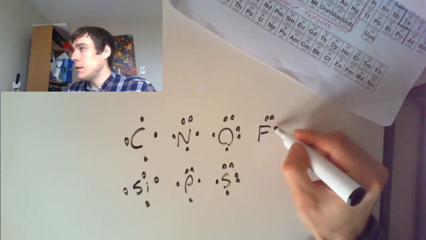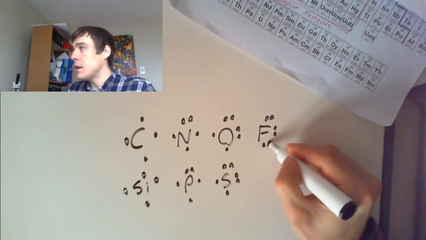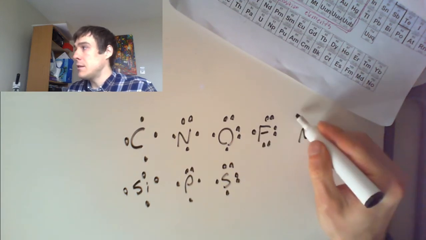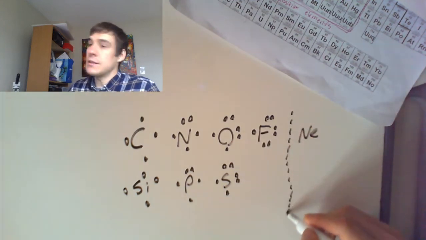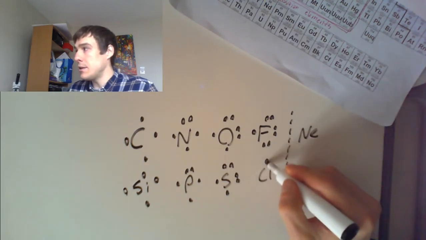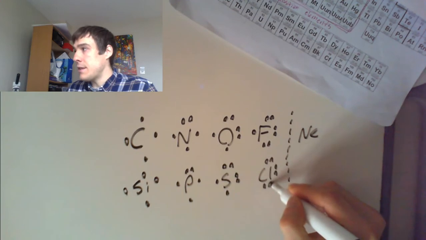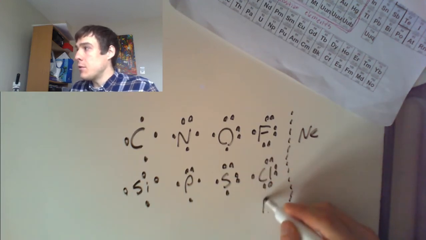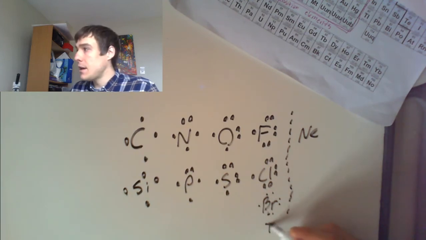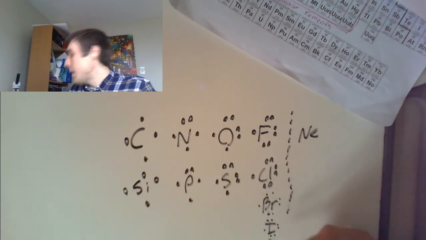Fluorine is our last one in the table here, before neon, but neon is in the noble gases, so we're not even going to worry about that. Chlorine is under here with 7 valence electrons. Bromine, 7 valence electrons, and iodine also with 7 valence electrons.